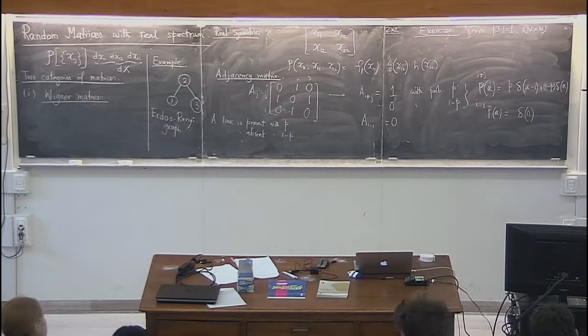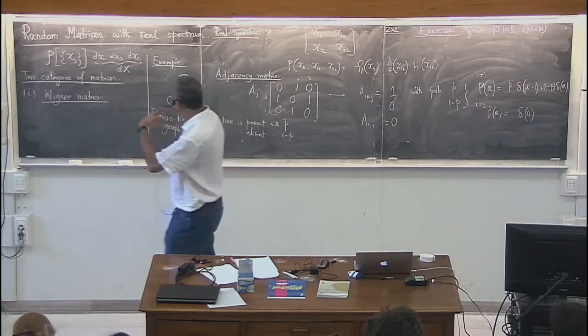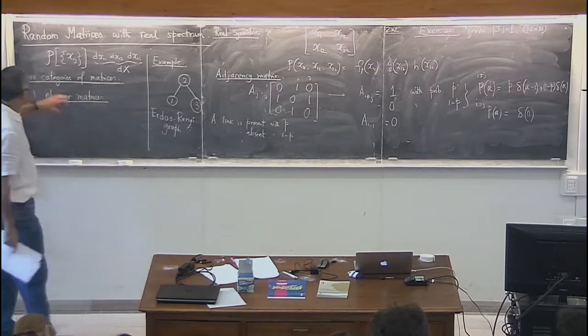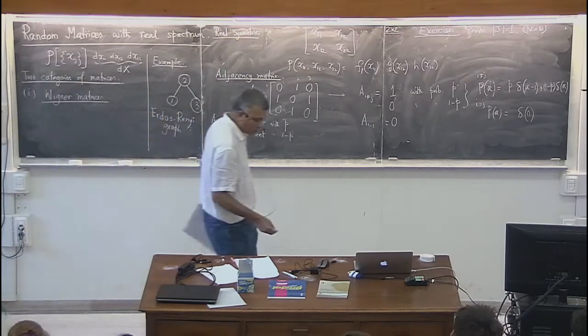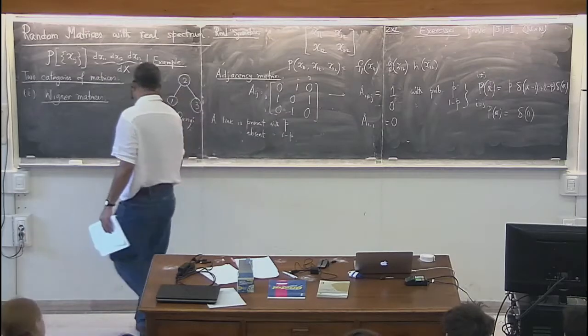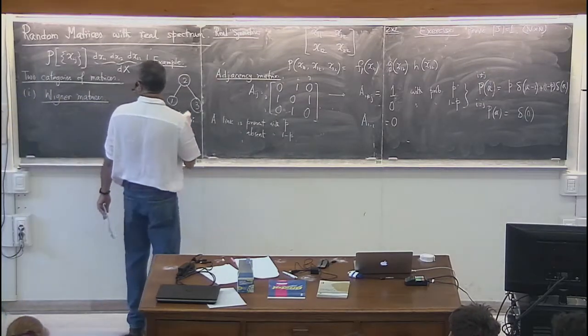So these are called Wigner matrices. This is a class of matrices that you can generate by just choosing the matrix elements independently from some given distribution. Now there is a second class of matrices.